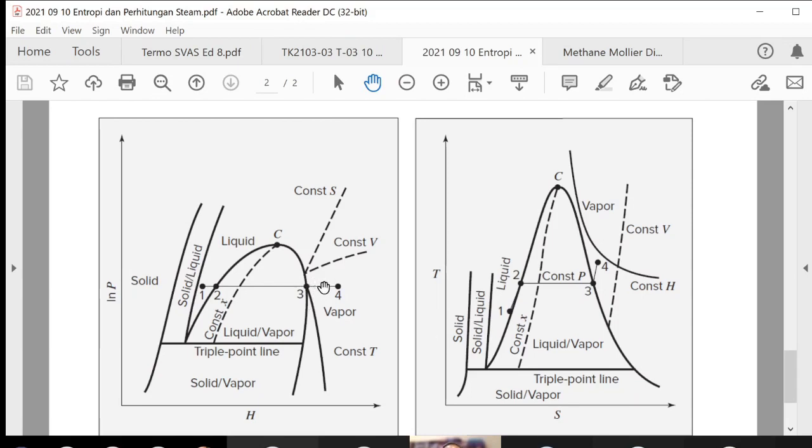If it is on the right-hand side of the dome, we call it superheated vapor because we do not have any liquid over here. If we are inside the dome, between point 2 and point 3, we call it saturated fluid. If it is close to the left-hand side, the majority is liquid, but at any point inside the dome, we have liquid and vapor.